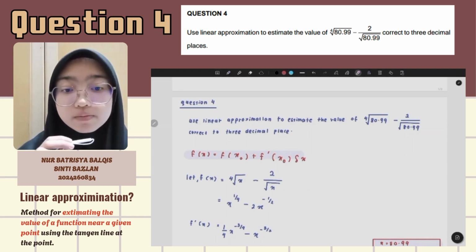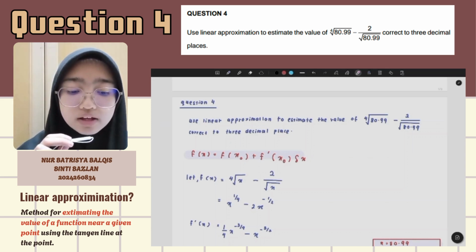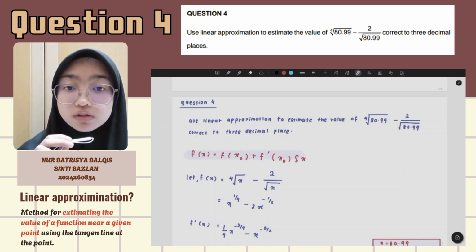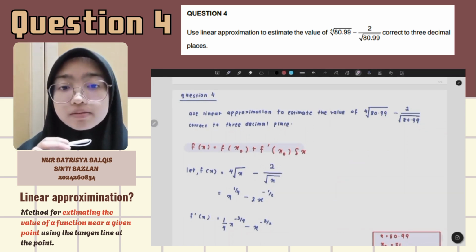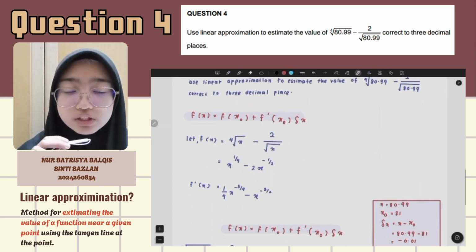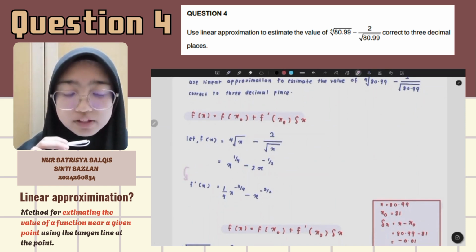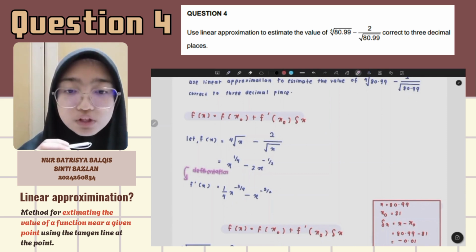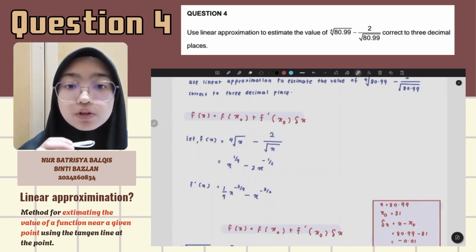To make it easy for the next step, I write it as 4x power of 1 over 2 minus 2x power of negative 1 over 2. The second step is to differentiate to find f prime. So f prime is equal to 1 over 4 x power of negative 3 over 4 minus x power of negative 3 over 2.